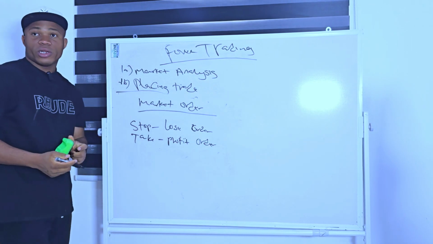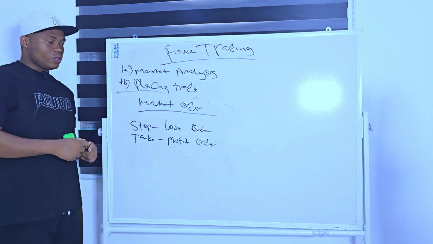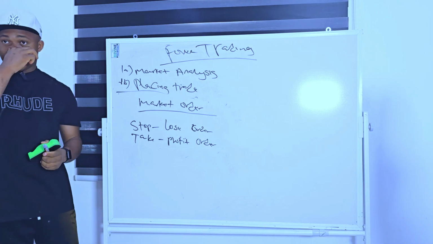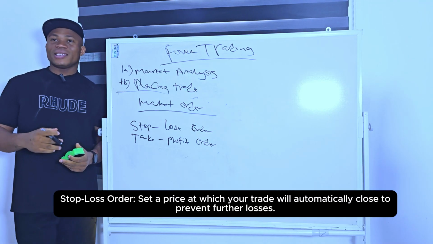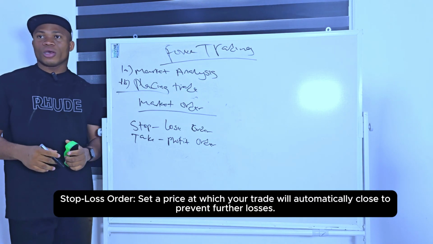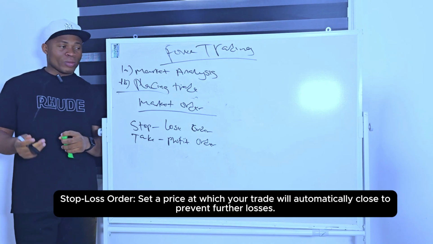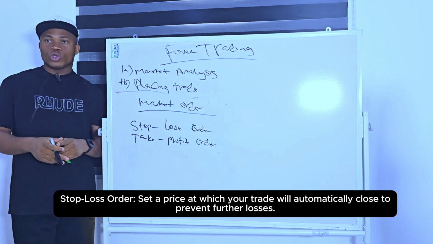We have stop loss order and we also have take profit order. Now, what is stop loss order? Stop loss order simply means that you set a price at which your trade will automatically close to prevent further loss.